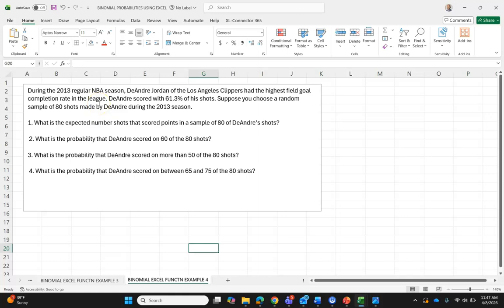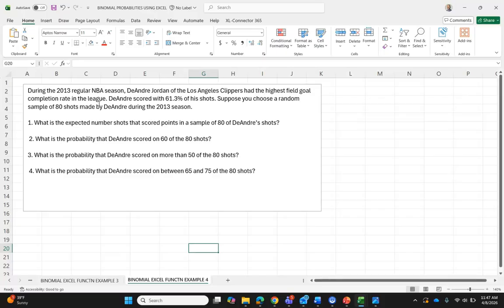This person scored with 61.3 of his shots. Suppose you choose a random sample of 80 shots made by this person during that year's season.